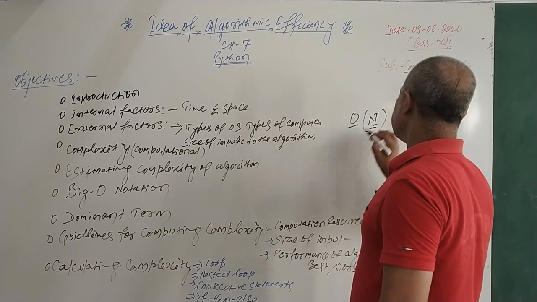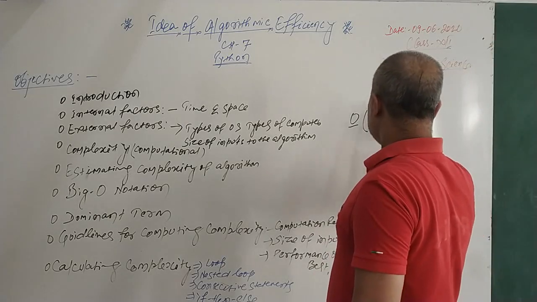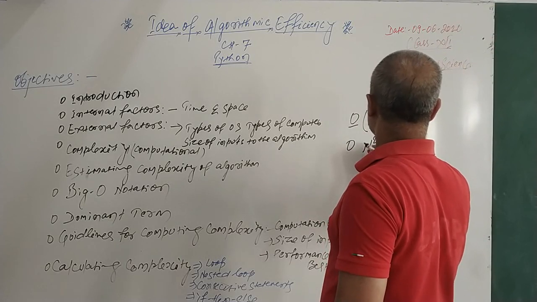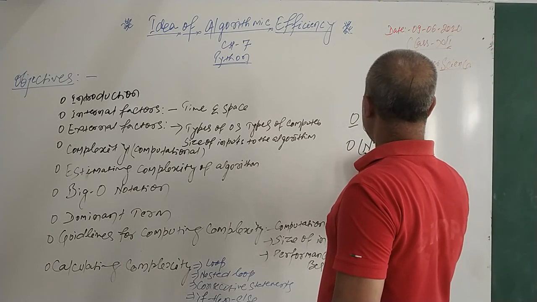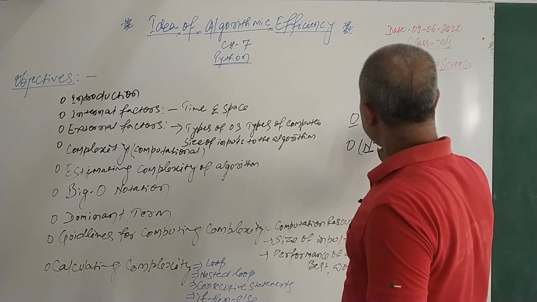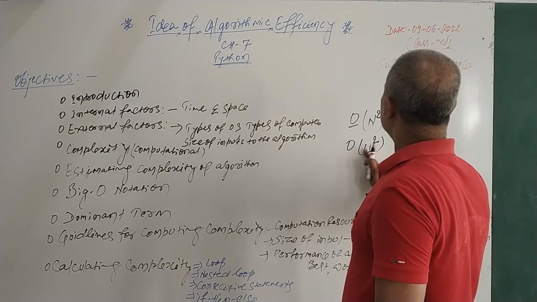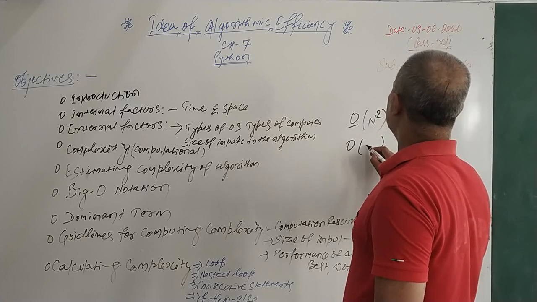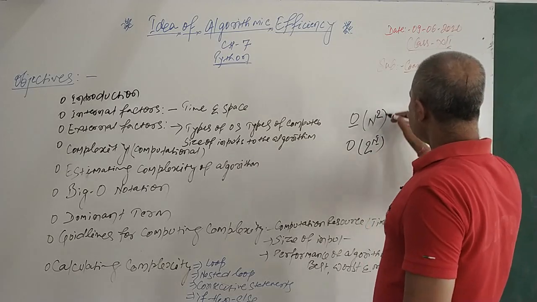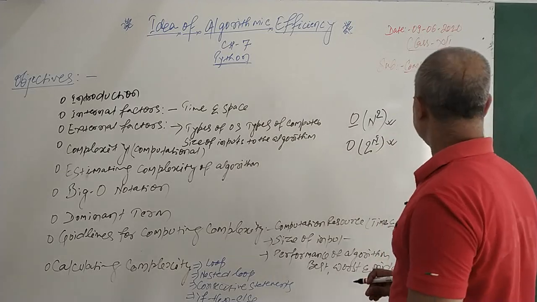Now n is the size of a particular input. And you can have O(n) square, or it may be 2 to the power n. Now this is the big O notation for two different kinds of algorithm we have.